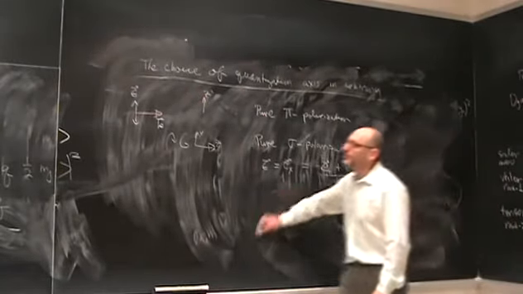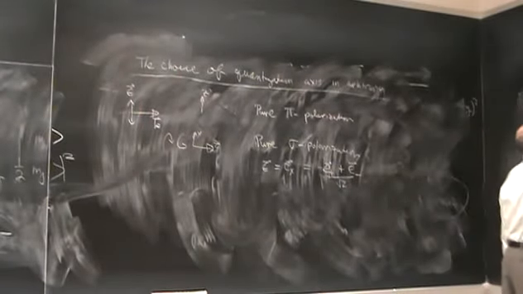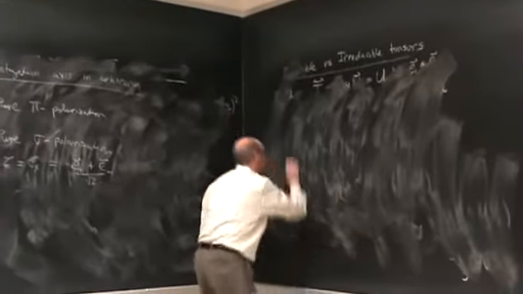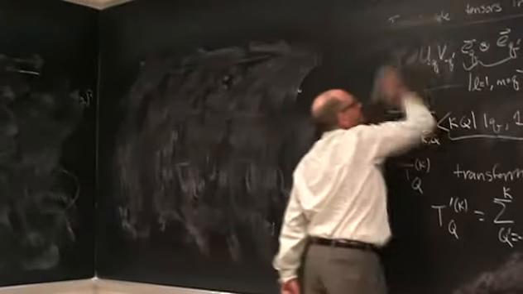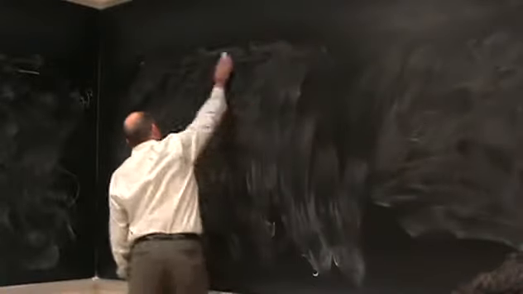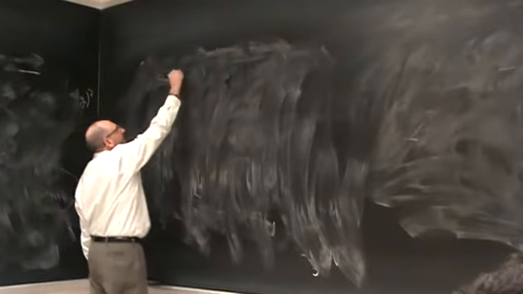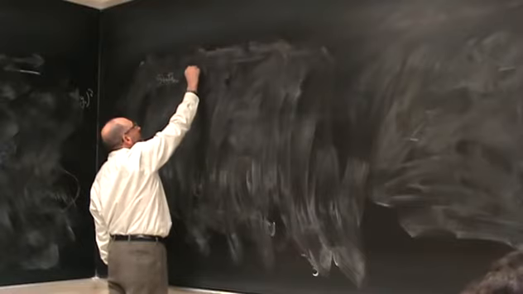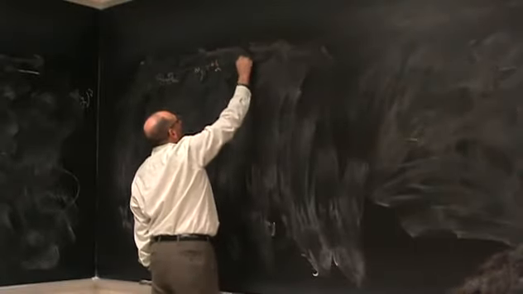So let's come over to this board. Let's say that my state has projection mj equals plus 1/2 along k.